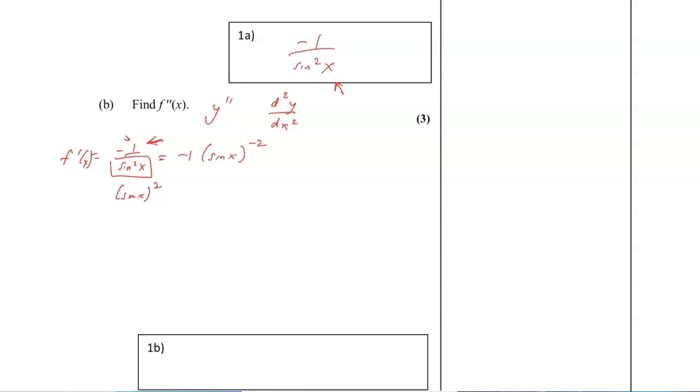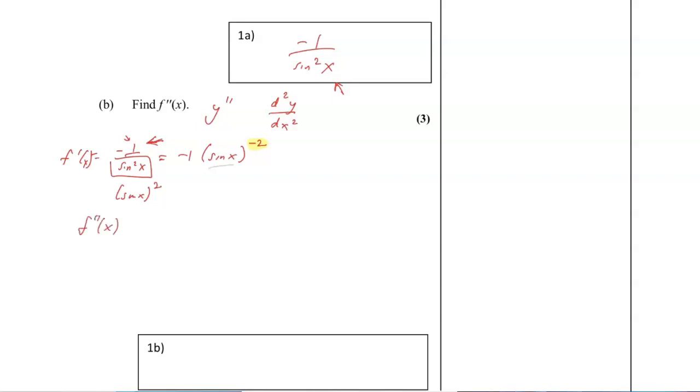See what I did there? Now that I rewrote f dash of x, I can more easily take the derivative using chain rule and power rule, right? I have an outside function, which is to the -2 power, and then I have an inside function, which is sine x, okay?